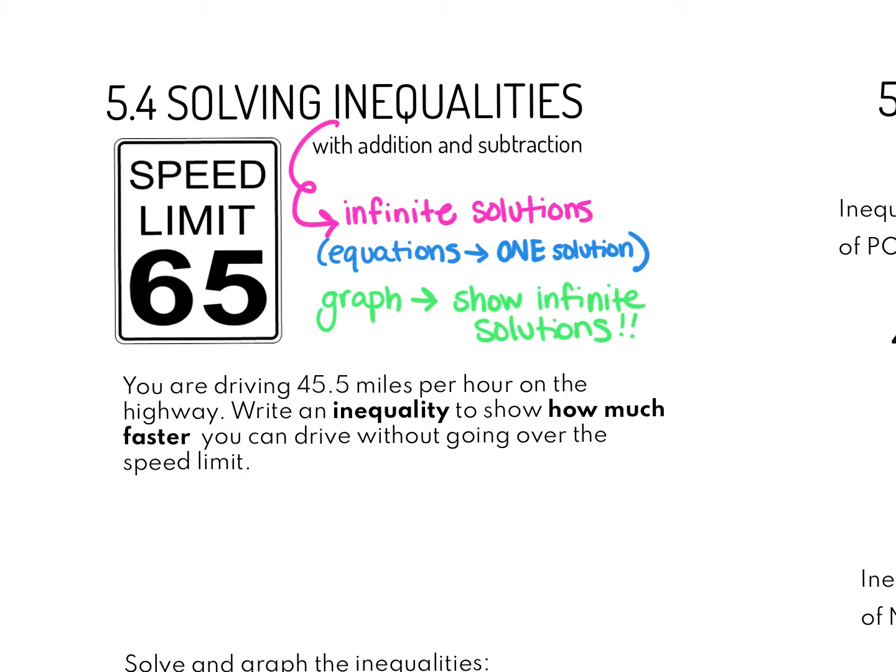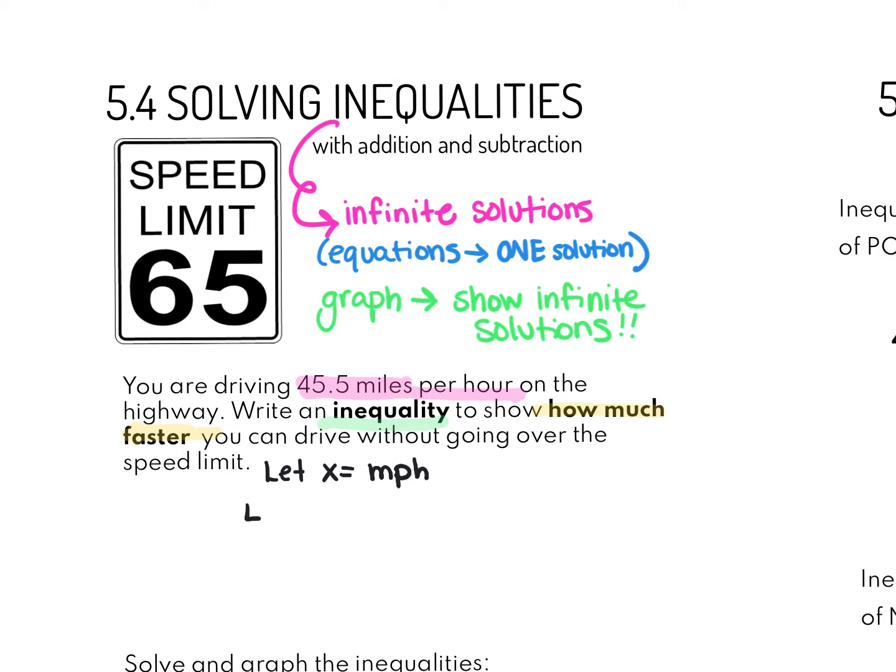So here's an example. Let's say you are driving 45.5 miles per hour on the highway. Write an inequality to show how much faster you can drive without going over the speed limit. Nobody ever wants to go over the speed limit. We start by letting x equal the miles per hour that you can increase to.